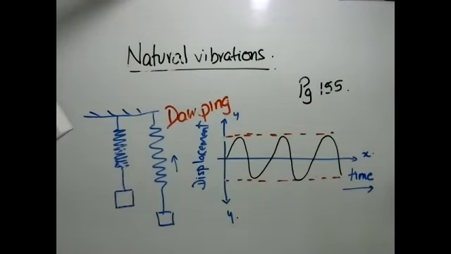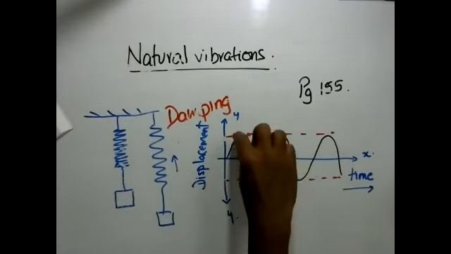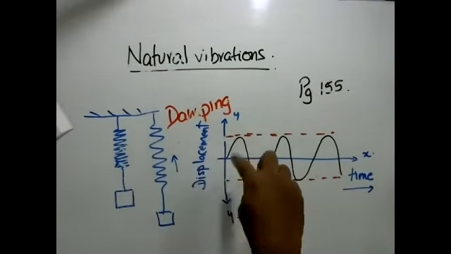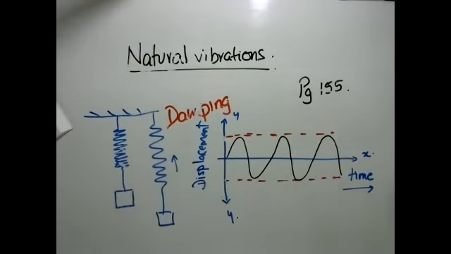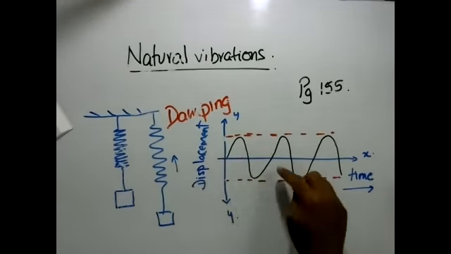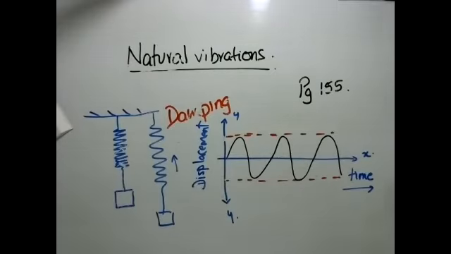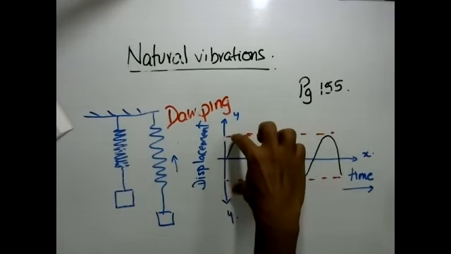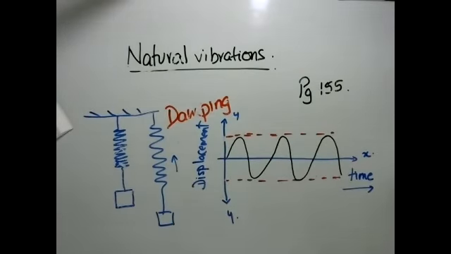Then you show your graph like this, where the amplitude of the displacement of particles of the medium does not vary. You don't have to be too worried about drawing accurate diagrams, but it's a sketch, so you indicate that in time the displacement about its mean position does not reduce.